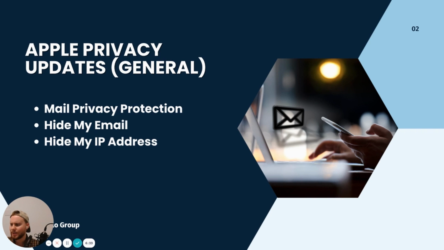The other impact that we're seeing from the mail privacy protection is IP tracking and obfuscation there. We've seen that with IP addresses and previous tracking that's been available. The IP address is obfuscated upon open, so we're unable to track that if a user simply opens the email.